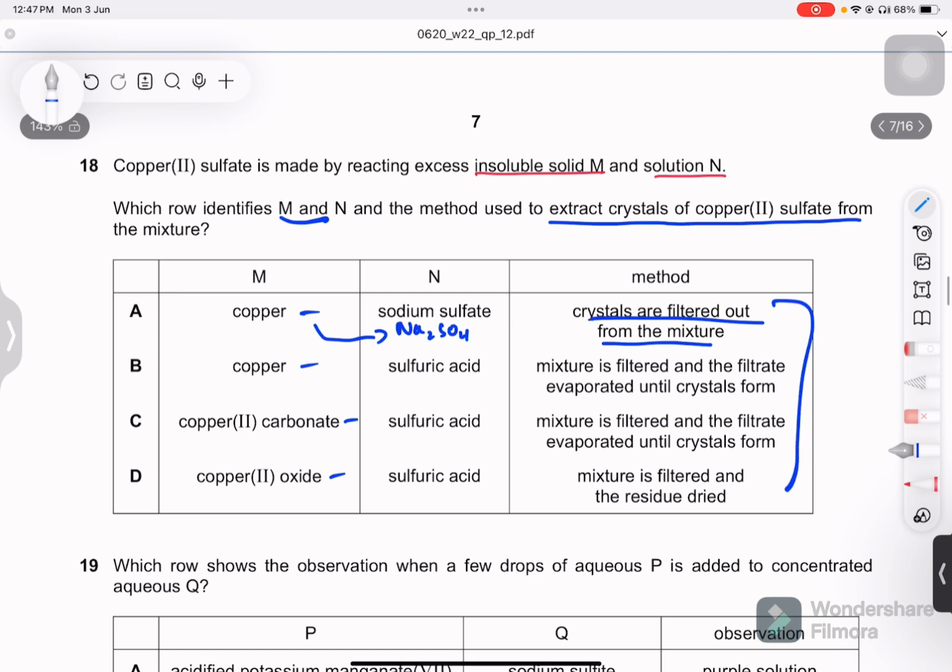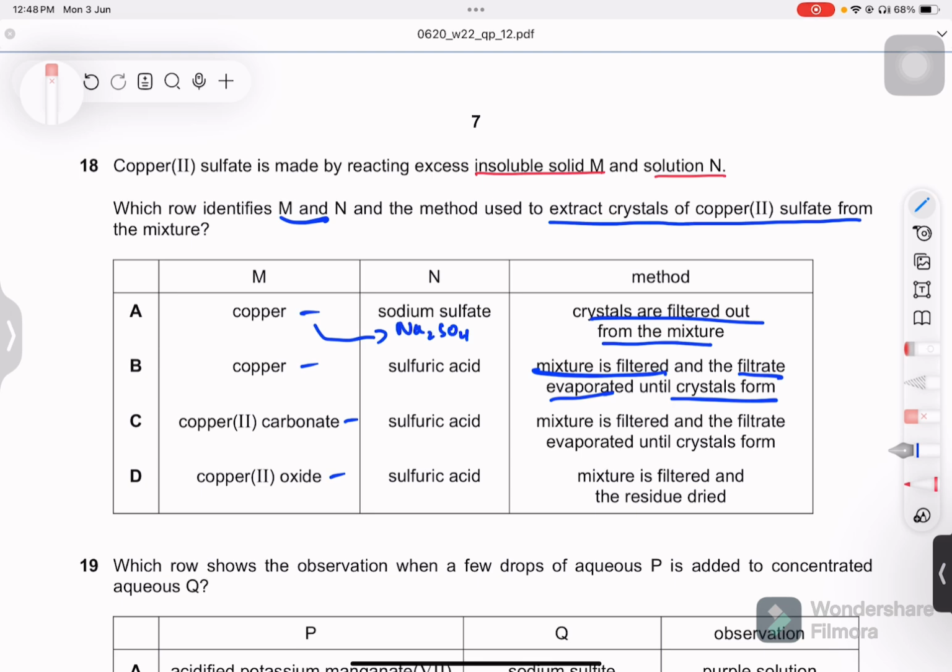So we have to look at this column also. Option B, copper reacts with sulfuric acid and the mixture is filtered and the filtrate evaporated until crystals form. So basically the first one was also wrong because crystals are filtered out from the mixture.